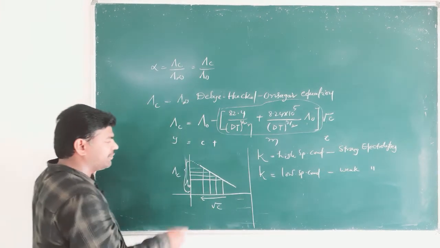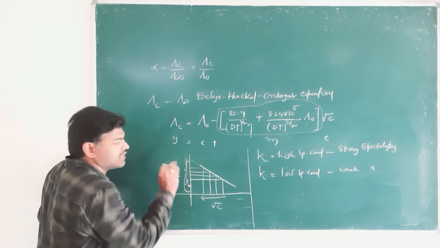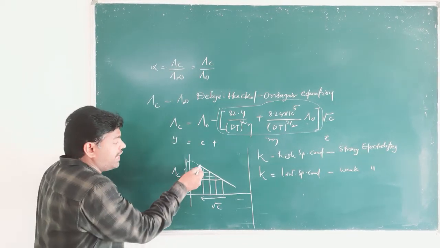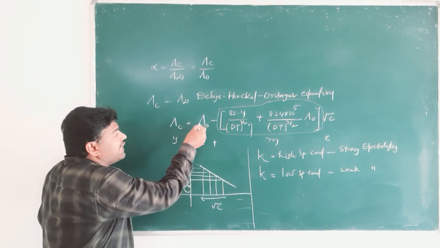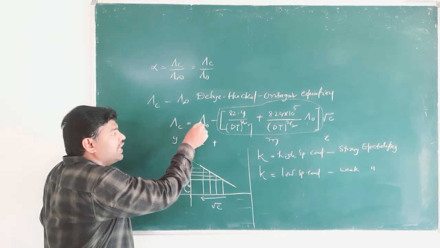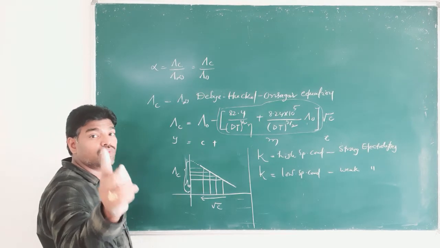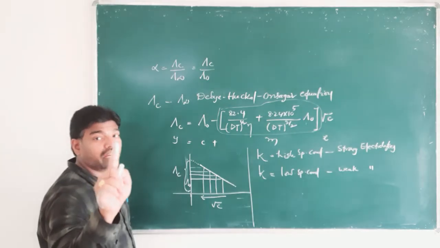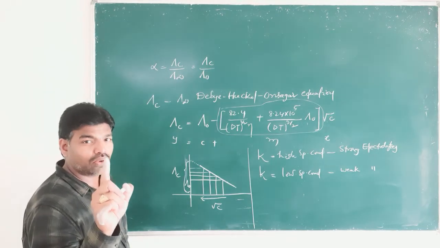Come to this point: for strong electrolytes, when we extrapolate this straight line, we get the equivalent conductance of the electrolyte at infinite dilution. This is possible only for strong electrolytes.